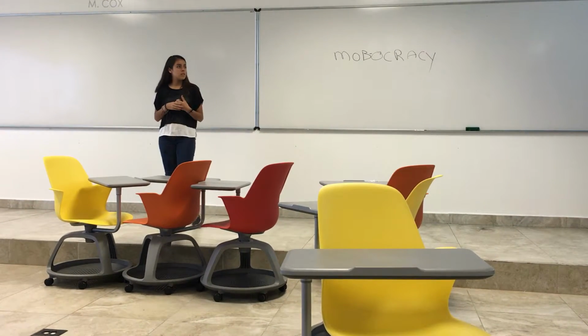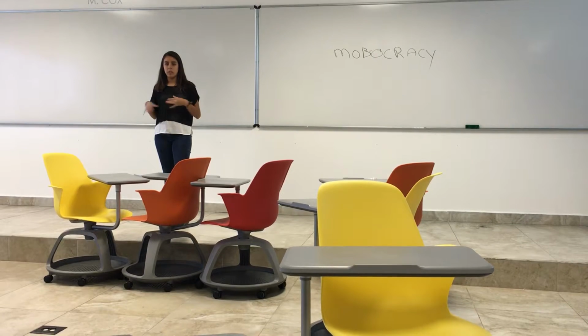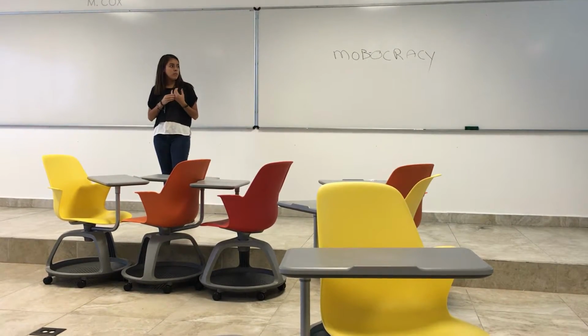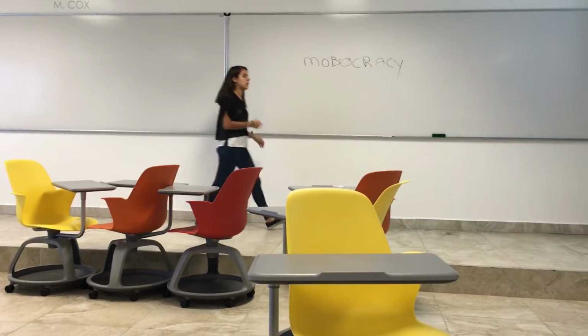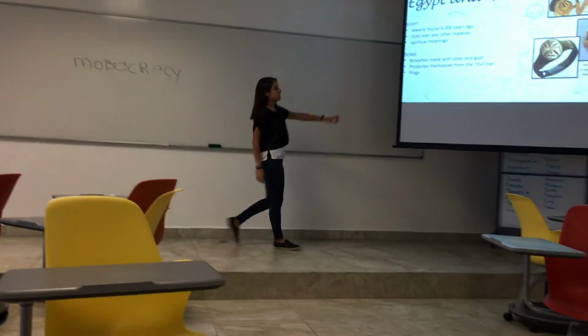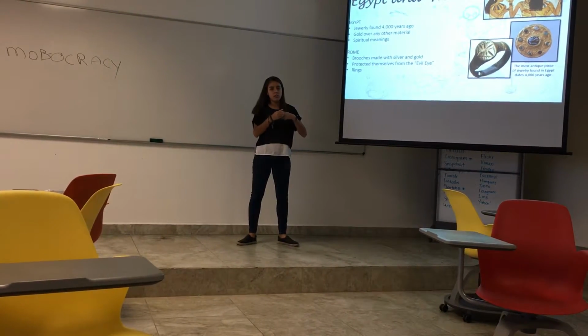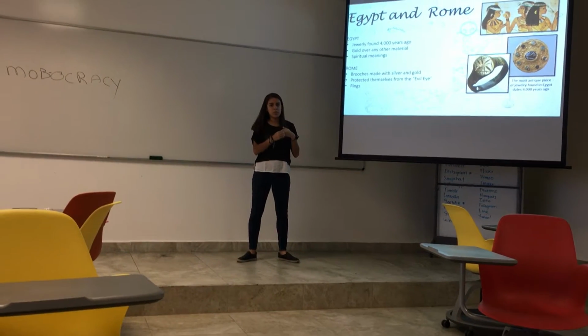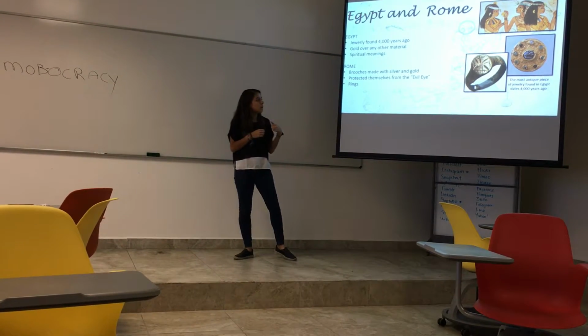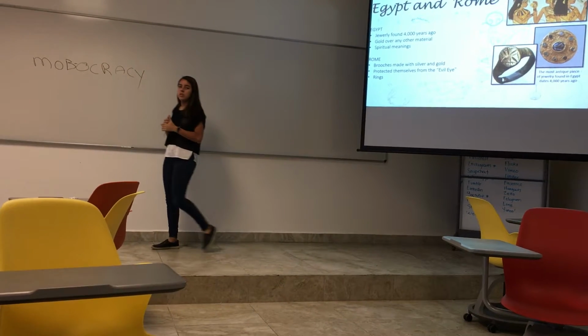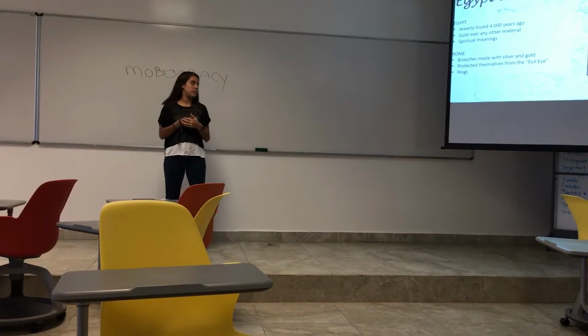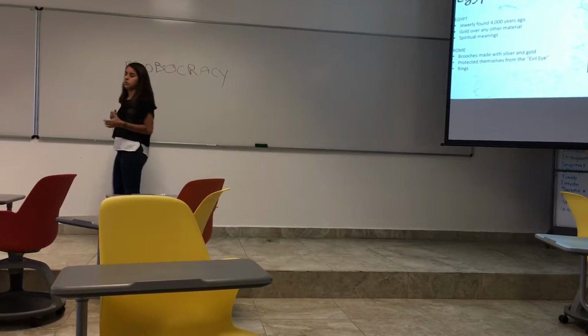And their rings, all of them had rings. And in this one, in that ring, it has something like encrypted in it. So they used it to seal messages or letters with their rings.